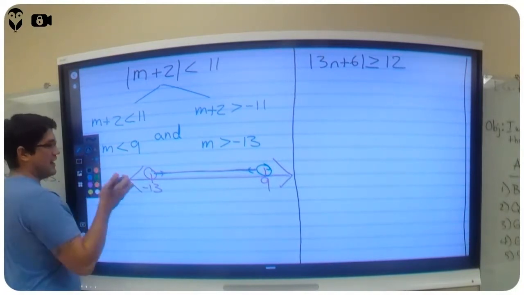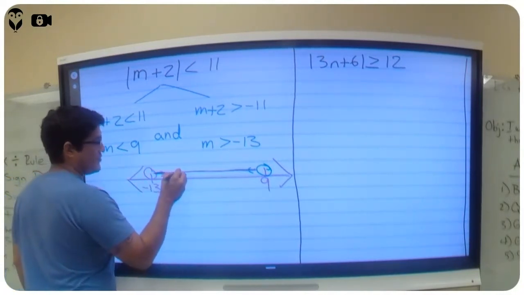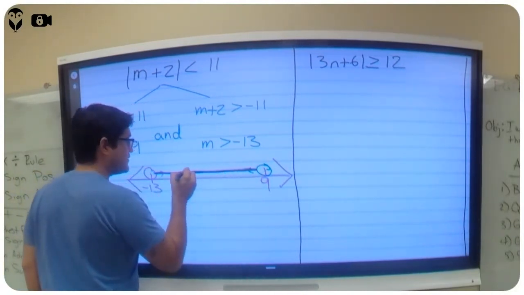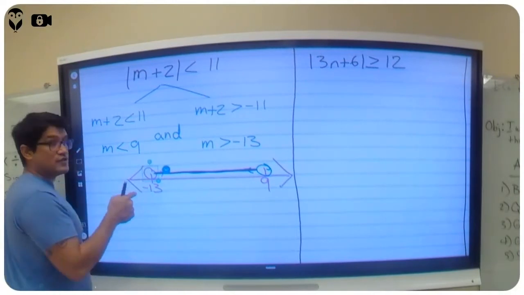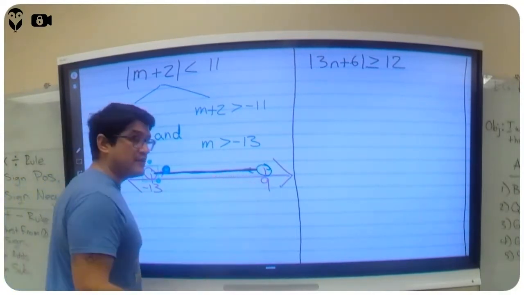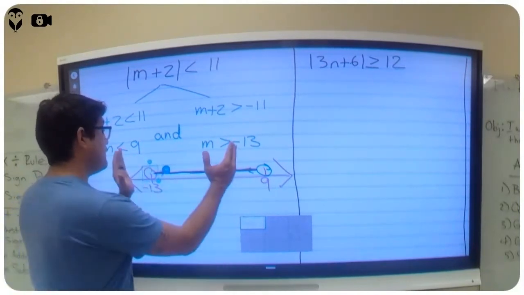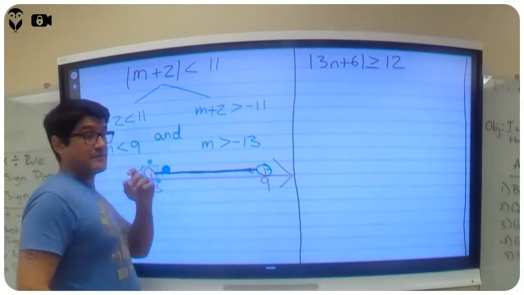So this is the solution set, just this. If this is a filled in circle, I'd count that. If this is a filled in circle, I'd count that. But because it's not, it's just anything more than negative 13 and anything less than 9 falls in the circle that I made in black. So that's the and.